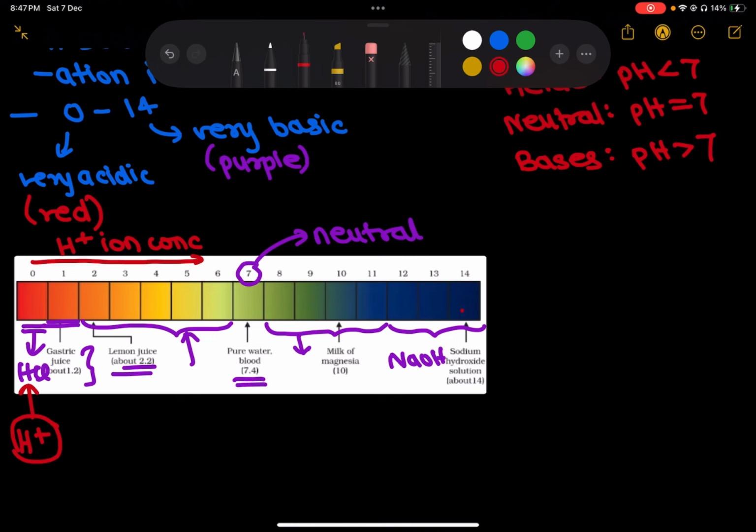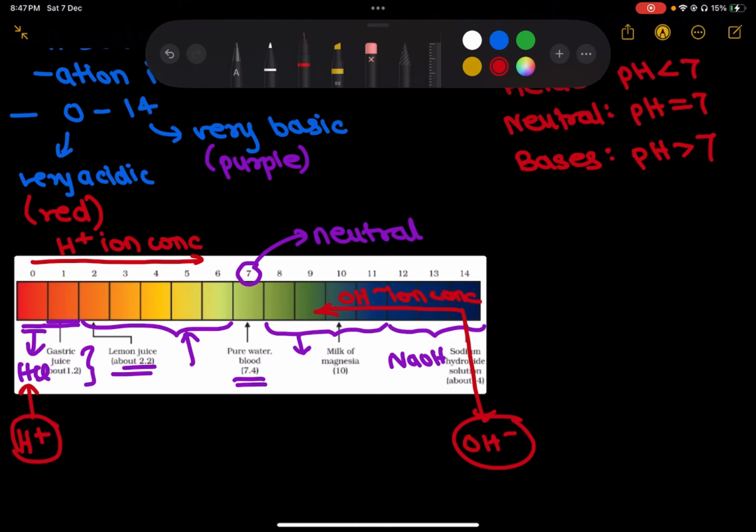Similarly, at 14, the OH minus ion concentration is maximum, right? And this goes on decreasing from 14 to 0.